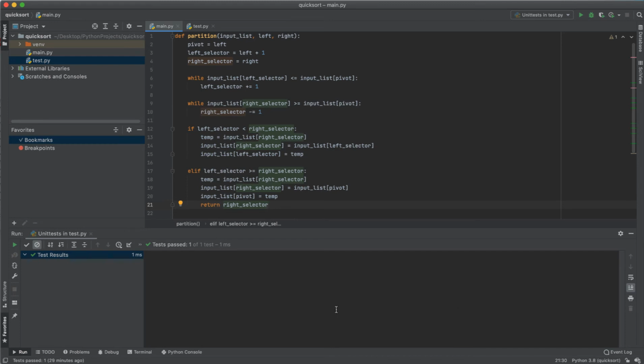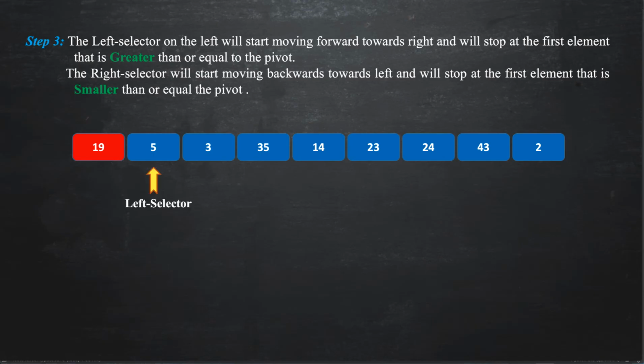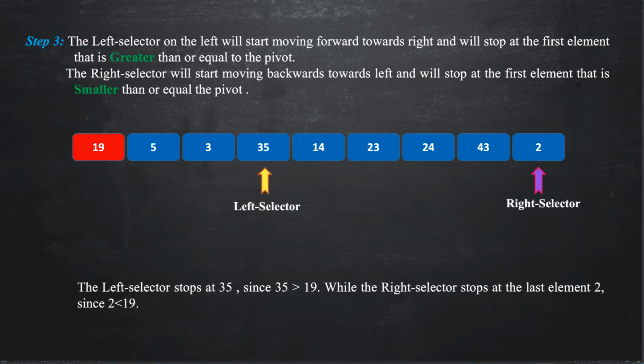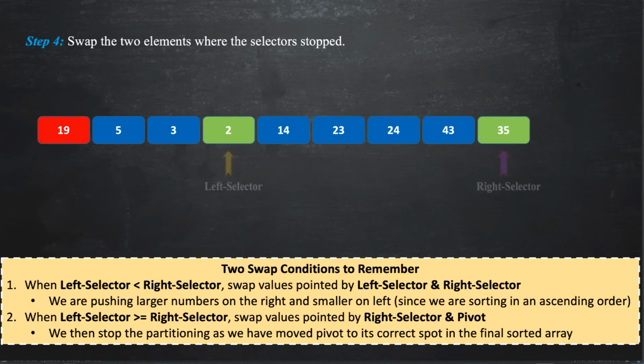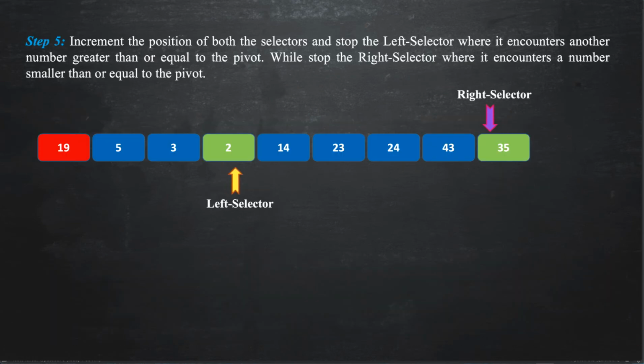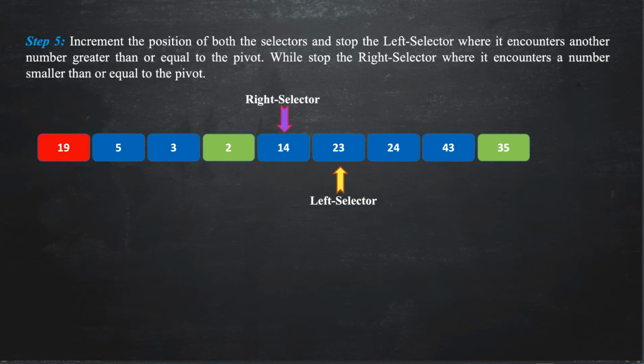Now let us add some base condition in our partitioning algorithm. So as we know here, the left selector and right selector will keep moving until both of these cross. So let us now implement the logic where left and right selector are moving until they cross each other.